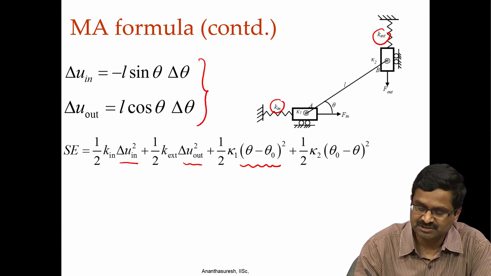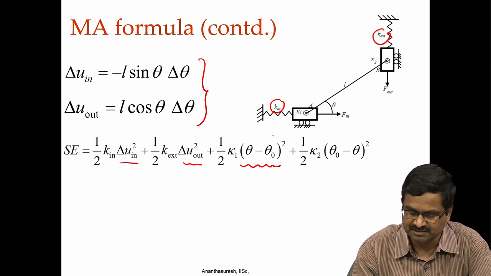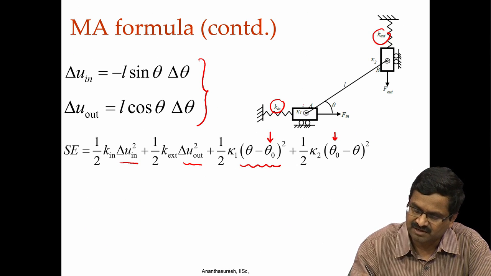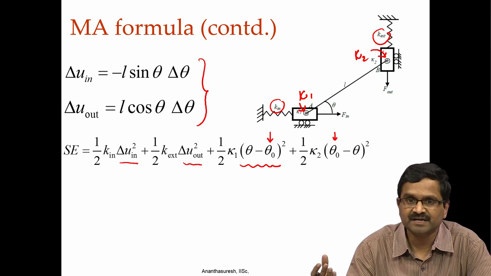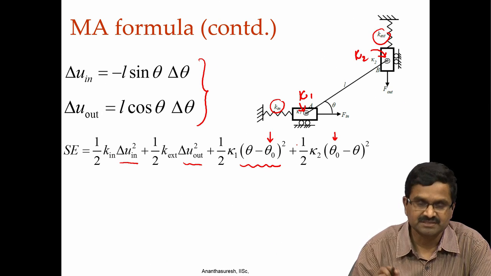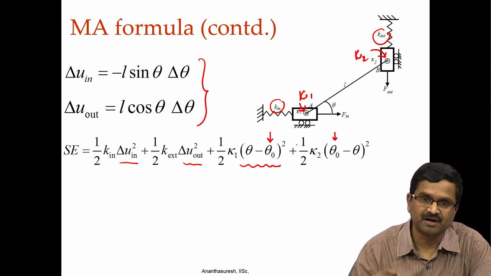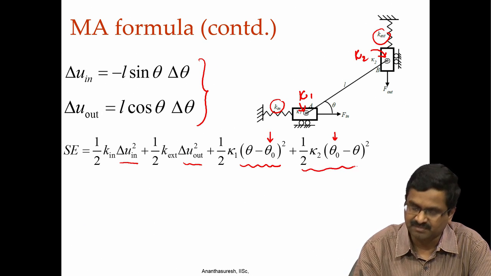There will be one position which is the free state of the torsion spring, that is denoted by this theta naught for both springs, that is kappa 1, which is over here, and then kappa 2 which is over there. There is some free state for it with theta naught, and then when it displaces to another angle theta, theta minus theta naught square will be the strain energy in that, multiplied by kappa 1 and then half of that, and then likewise the last term as well.